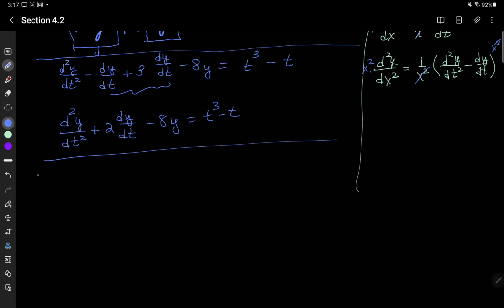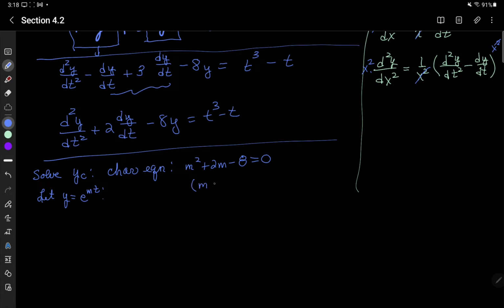So now I can solve to get my complementary solution, which is the solution to the homogeneous ODE, by finding my characteristic equation, which is just m squared plus 2m minus 8 equals 0. And here what we're doing is we're letting y equal e to the mt and solving.